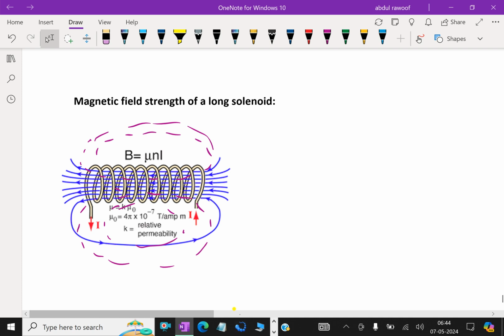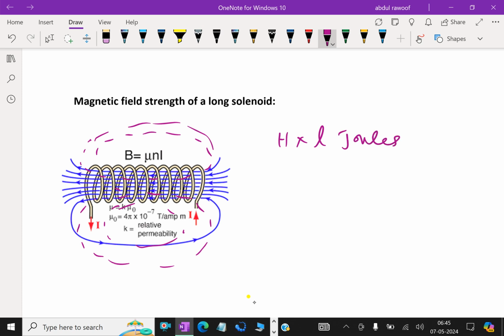By definition, H into L joules equals ampere.